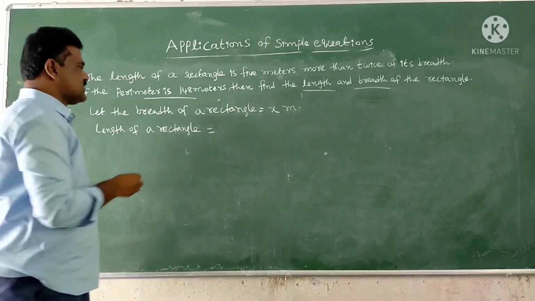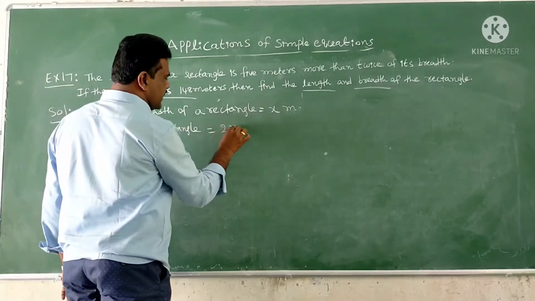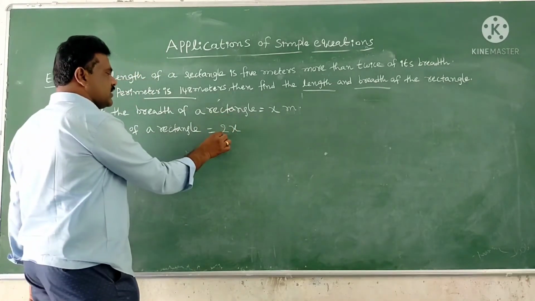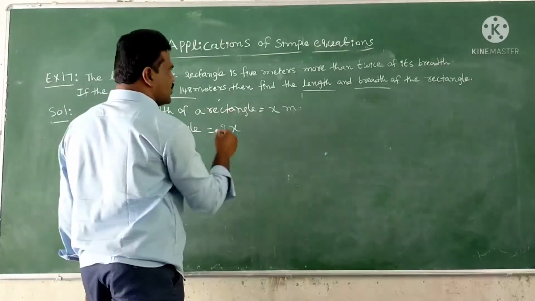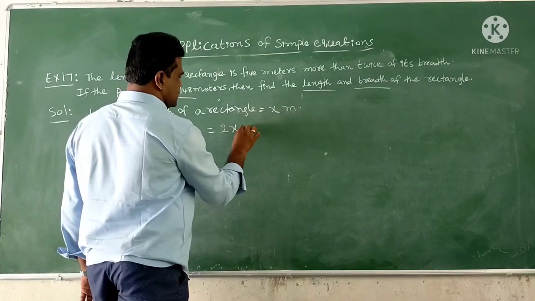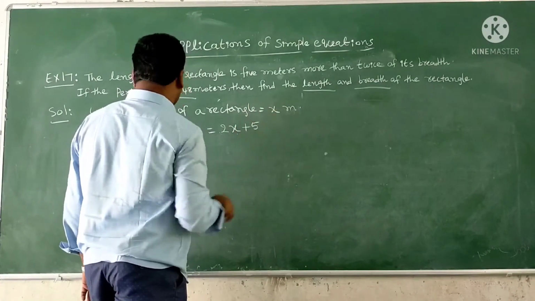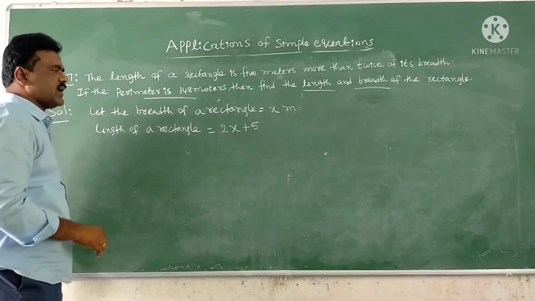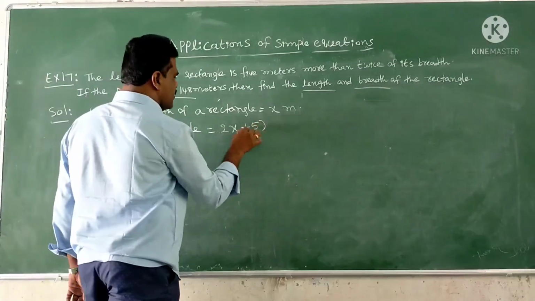That means 2 into x, twice the breadth, plus 5. So the length of the rectangle is 2x plus 5 meters.